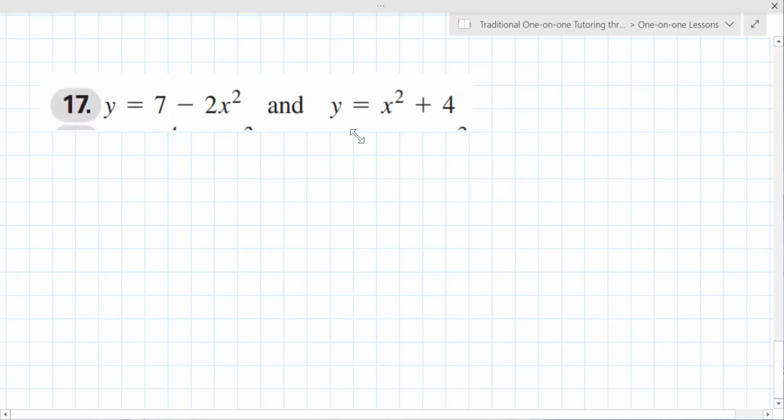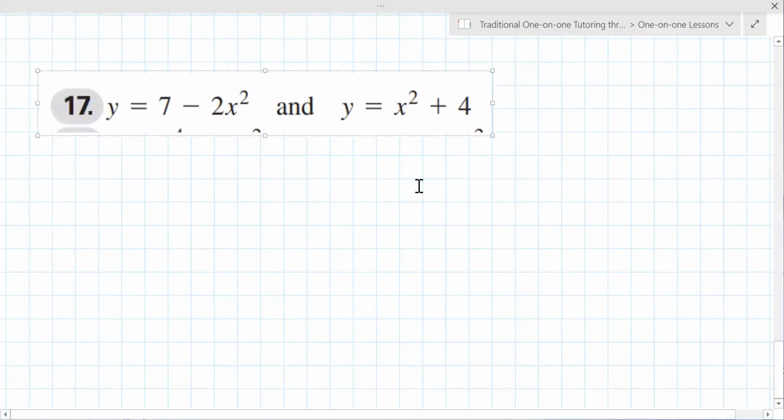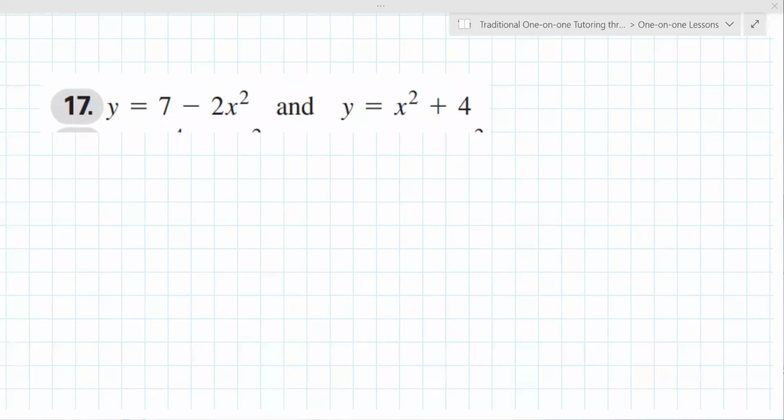All right, so this one here, the instructions just say to find the area between the curves, okay? And you don't know where it is unless you could graph it.